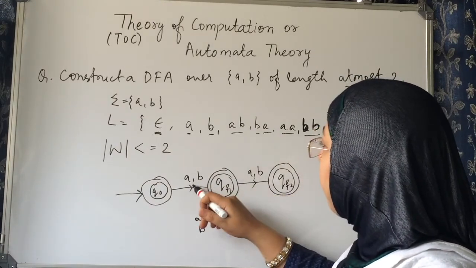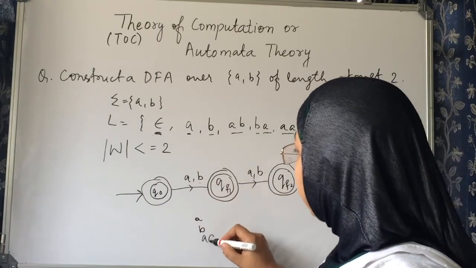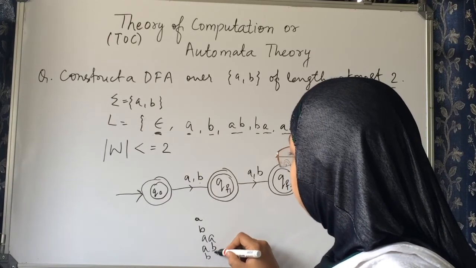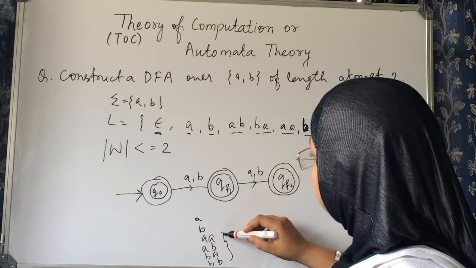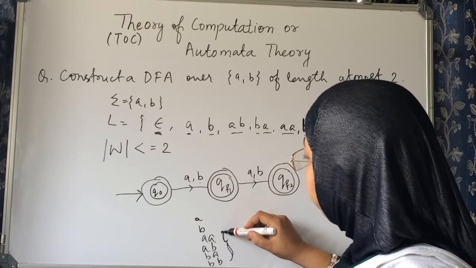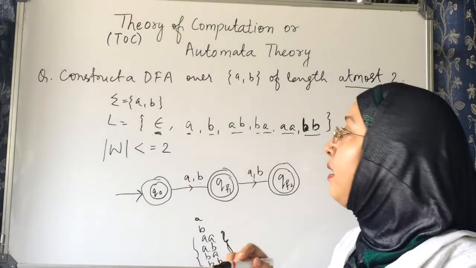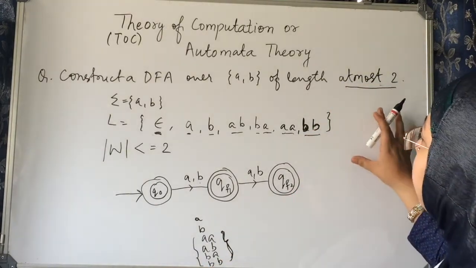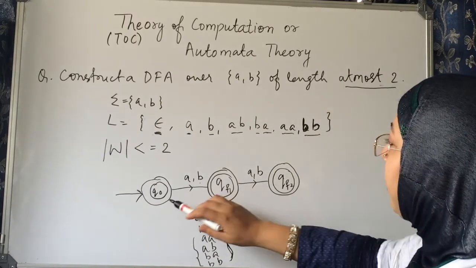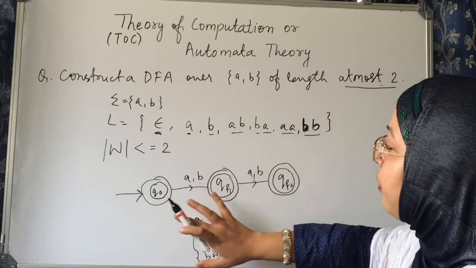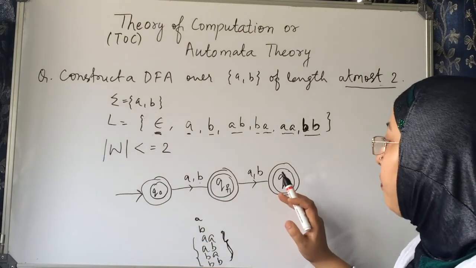Either AA or AB or BA or BB. Any of these strings, if it sees any of these strings, then only it reaches the final state. And after that, it will not see more. So we had shown here also, but I had not shown you where it will go from here.